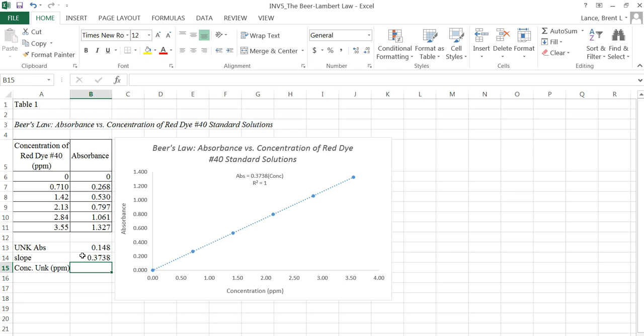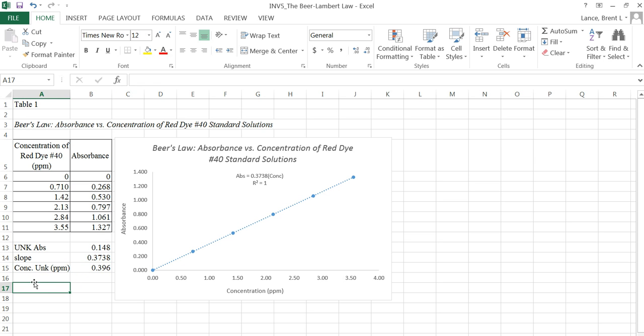So in here I can just let Excel calculate that, equals that cell divided by slope, enter. And then that's too many significant figures, obviously. I'm limited to 3, so I'm going to back that down with my decrease decimal button until I get to 3 significant figures. Okay, so that's my experimental concentration.